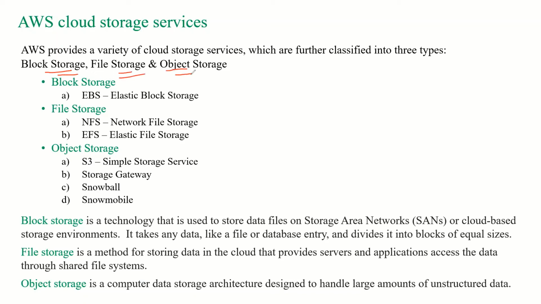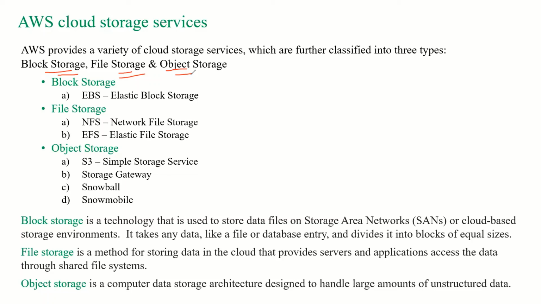Okay. So block storage is a technology that is used to store data files on storage area networks, in short called SANs, or it could be a cloud-based storage environment. The racks that we had seen in the previous slide are the cloud-based storage environment.